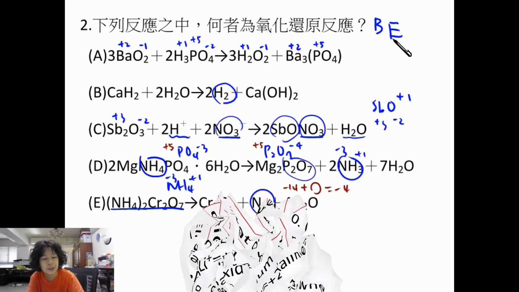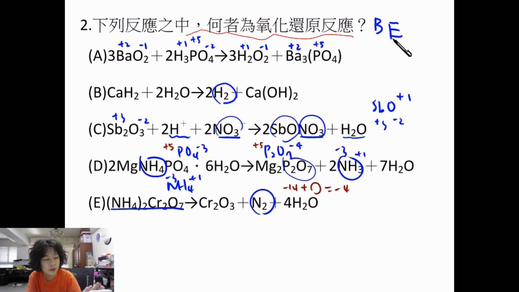Now let's see which one. First you can write this out. Ba is in group 2A, so alkaline earth is always +2, and in this case O is -1. Then PO4: P has 5 valence electrons, and O is usually -2.